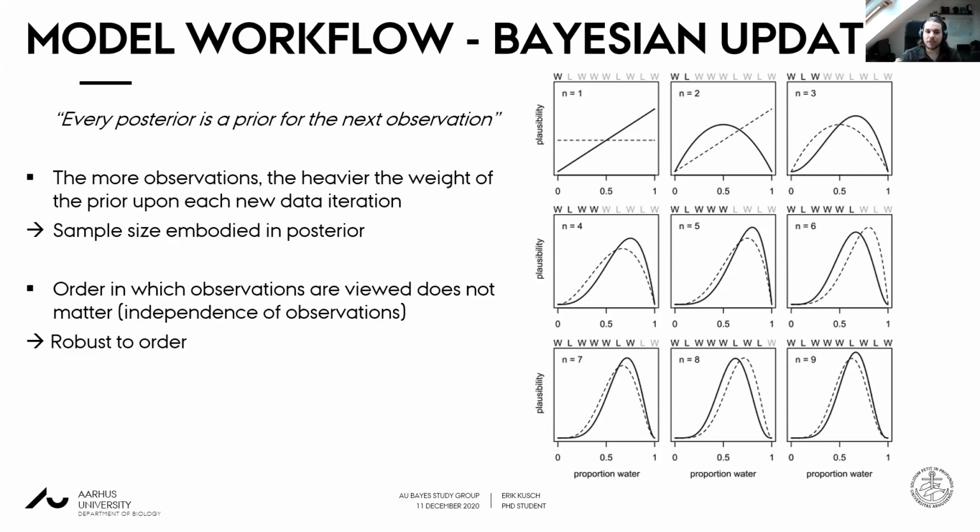But a few things to point out here is that the more observations you have, the heavier is the weight of the prior upon each new data iteration. Meaning if you already have, in this example on the right-hand side, 1,000 data points, and then you add another data point, that one final added data point won't be able to shift the posterior distribution around by a lot, because the distribution is already very set in its ways.